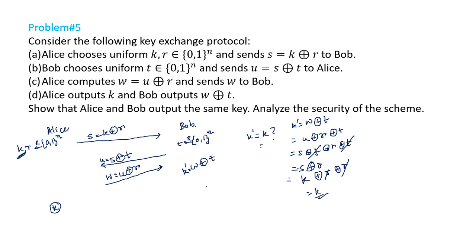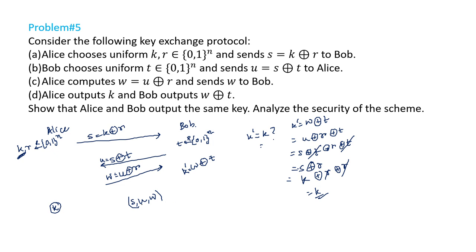And what about the security of the scheme? Now you can notice that S, U and W are communicated from one end to another, so they are visible publicly to any adversary. So they constitute the transcript of this key exchange protocol.